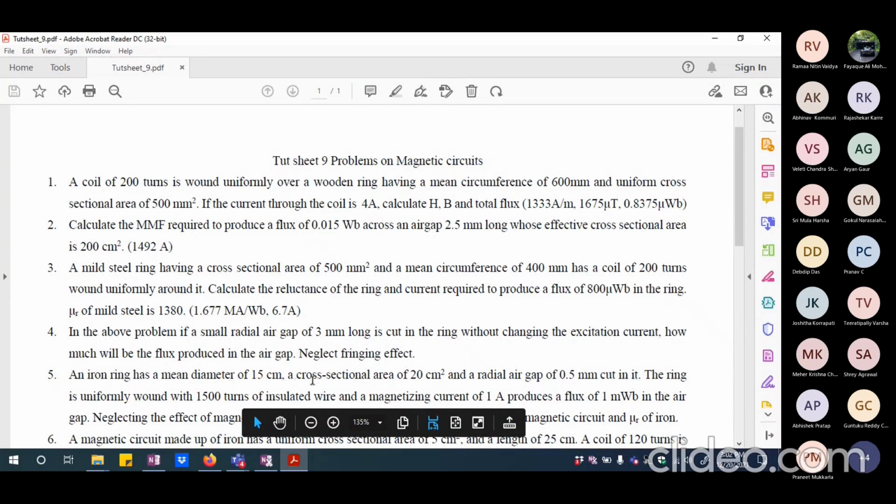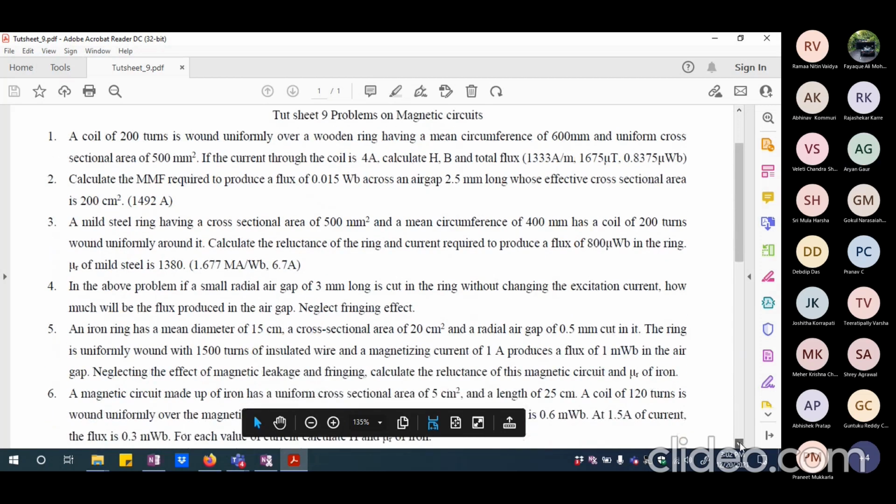The ring is uniformly wound with 1500 turns of insulated wire, and a magnetizing current of 1 ampere produces a flux of 1 milliweber in the air gap. Neglecting the effect of magnetic leakage and fringing, calculate the reluctance of this magnetic circuit and mu r of iron. That is what is being asked.